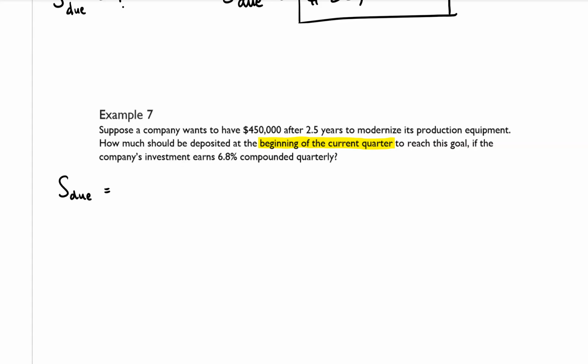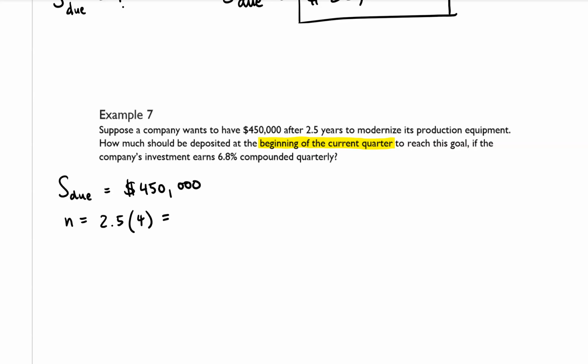And in this scenario, we have the future value of the annuity due. It tells us that it's $450,000. What else do we have? So we have n, which is equal to, it's over the span of 2.5 years, and we are compounding quarterly, so that means that it's 4 times per year.